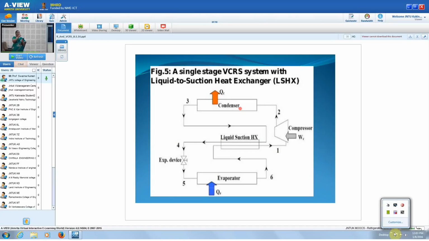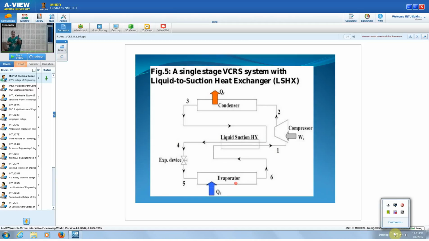Here subcooling takes place before the refrigerant goes into the expansion valve. Then after the evaporator, the refrigerant passing here will be slightly superheated, because dry compression is always preferred.